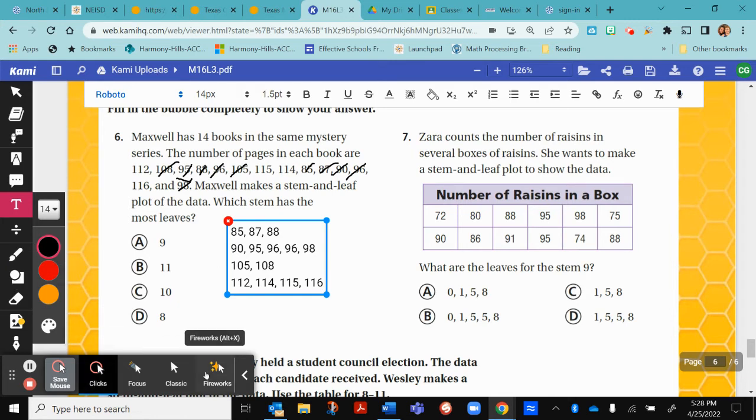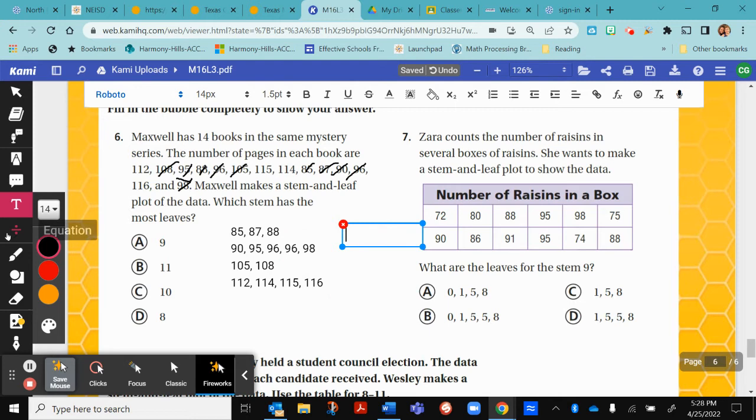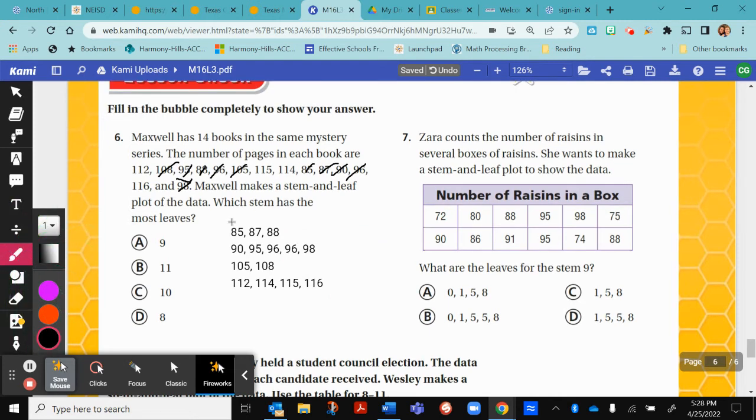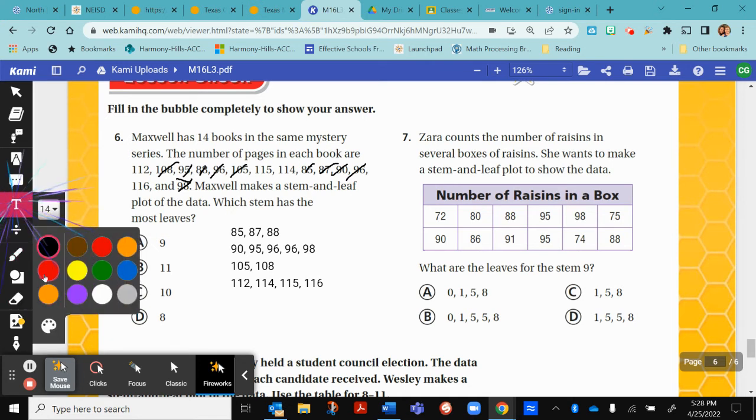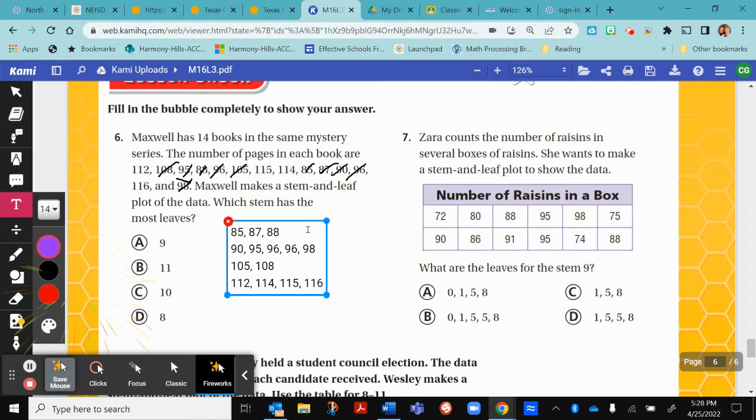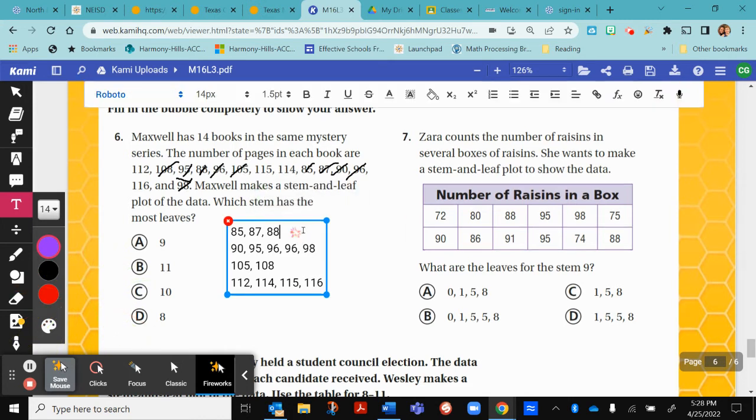Okay, so the next thing that I want, so let's come over here. The question's asking, which stem has the most leaves? So I'm going to change my color here. So this one has how many leaves? 1, 2, 3. It's going to have 3 leaves.